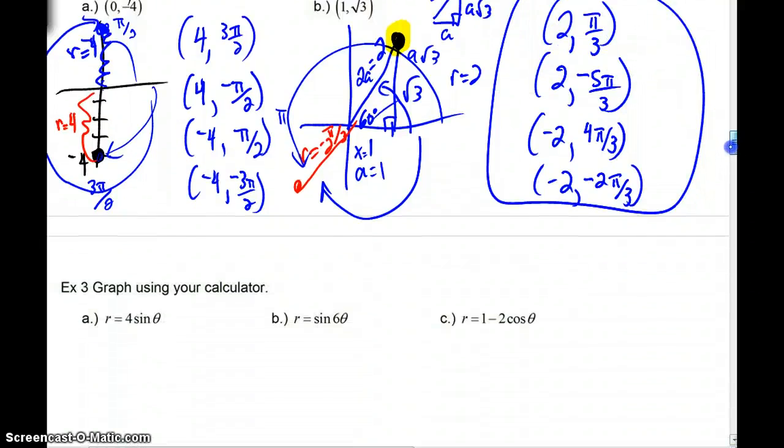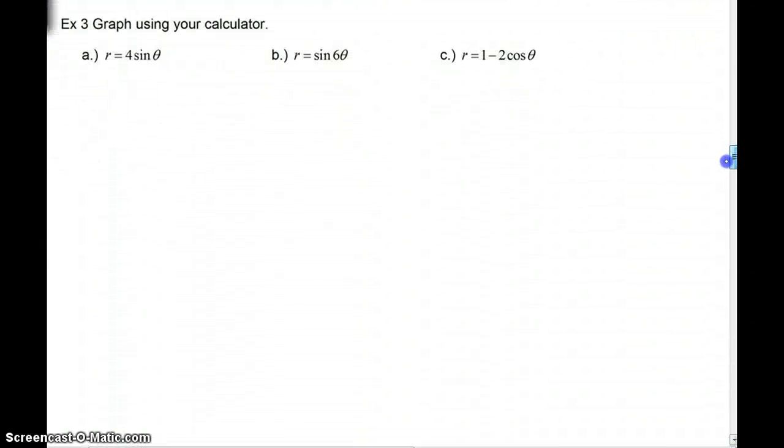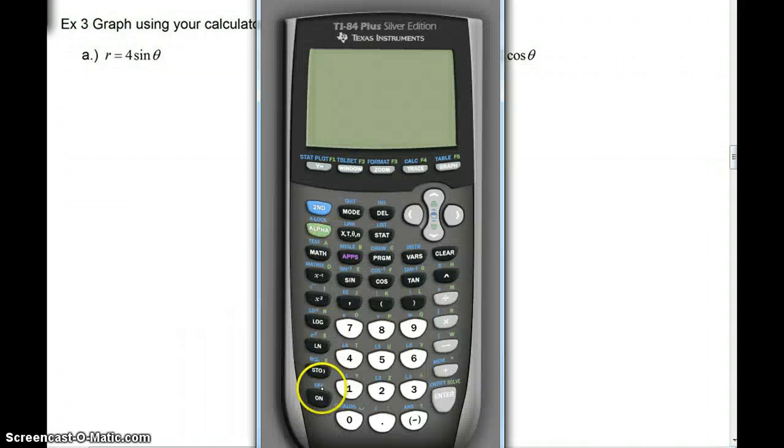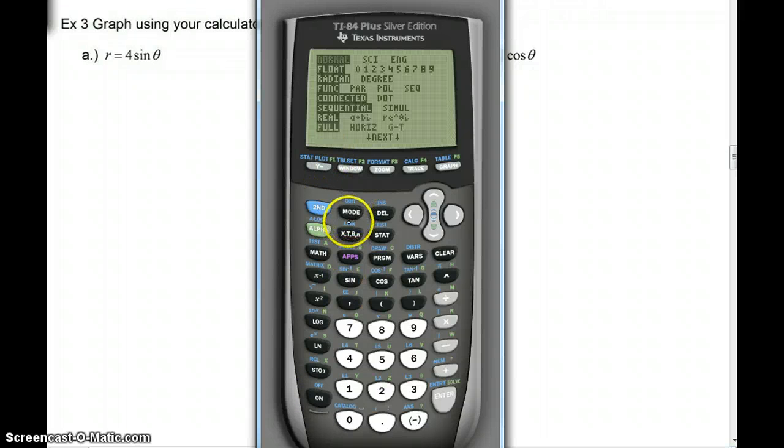Alright, real quickly, let's just take a look at how we could use our calculator to help us out with some of these. I'm not really even asking that we go through work to make a graph as much. Change your mode to polar, keep everything on radians, and r would equal 4 sine.